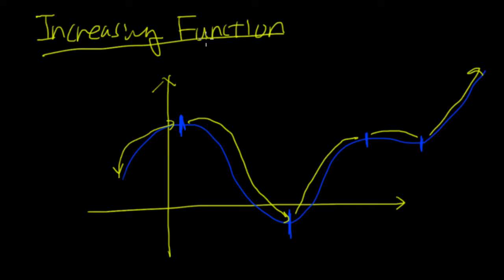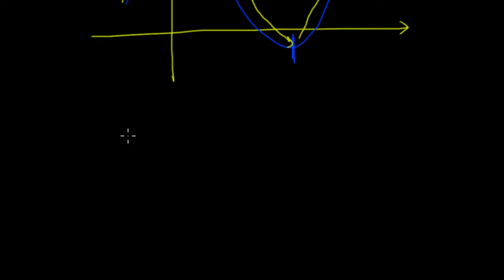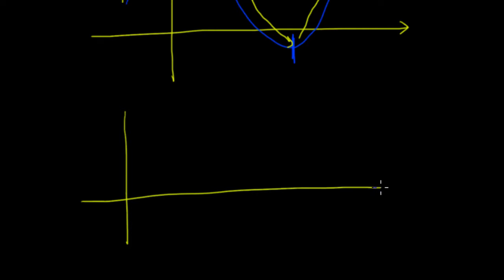So when they say increasing function, this is not just increasing, it's partly increasing, partly decreasing, right? When they say increasing function, they mean something like this, a function that goes up like that and never goes down.